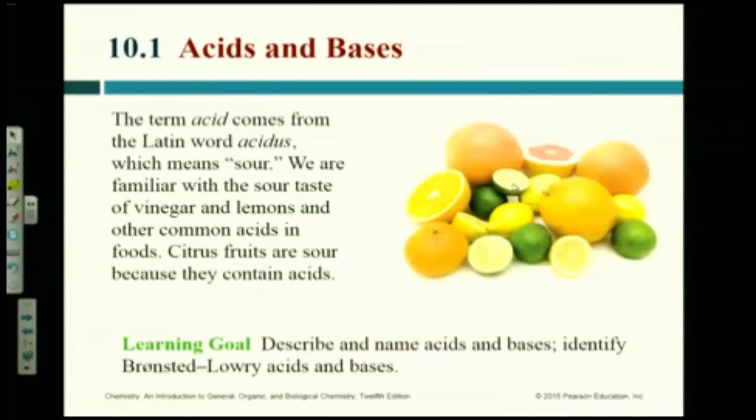All right, let's start talking about acids and bases. The picture up here is of a bunch of citrus fruit, right? Anybody ever tasted citrus fruit? Yeah. They have 2 tastes to them, right? They're sweet normally, and most all of them are also somewhat sour. Why are they sour? They're sour because they contain acid.